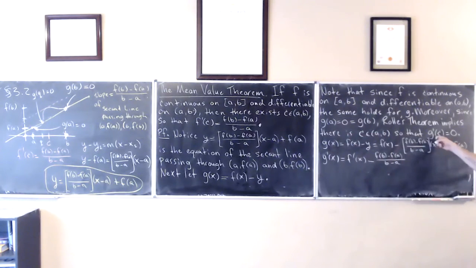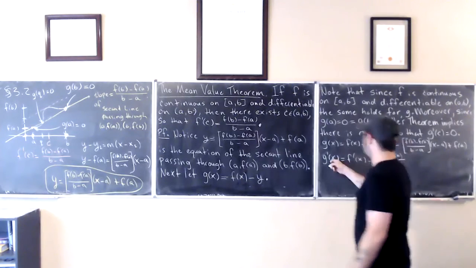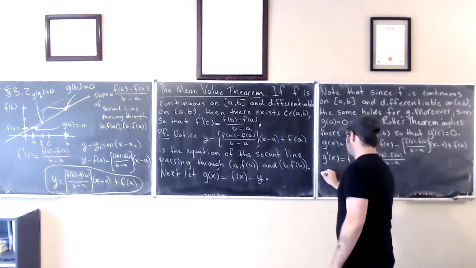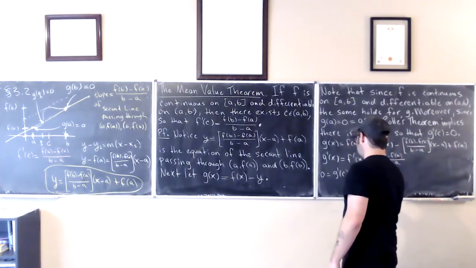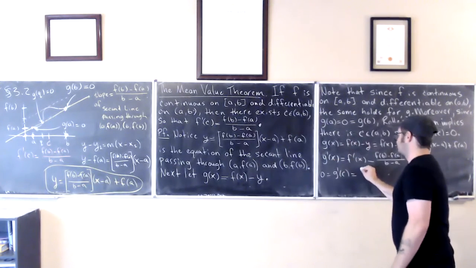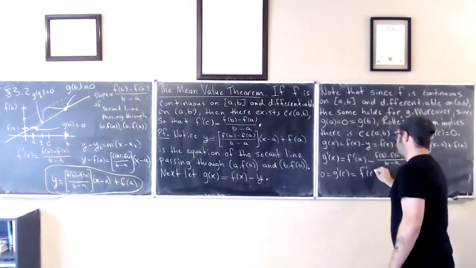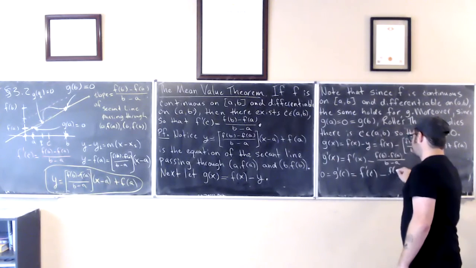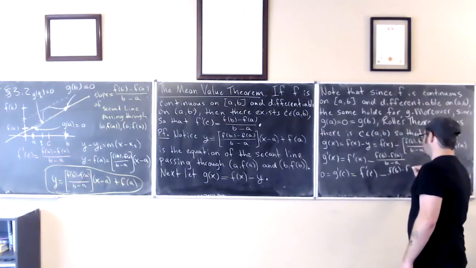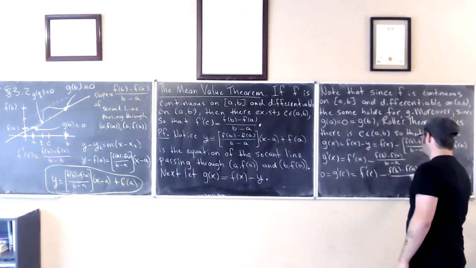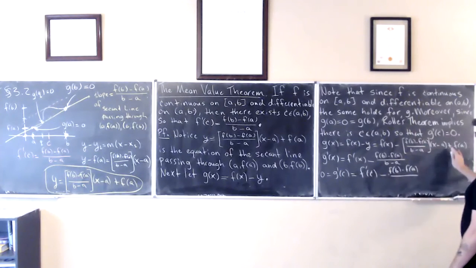So then we know G prime at C is equal to 0 by Rolle's theorem. We know that there is some C that does that. So we just plug in. 0 is equal to G prime at C, which is the same thing as F prime at C minus F of B minus F of A. Oh, that should have been a subtraction right here, but it doesn't matter.